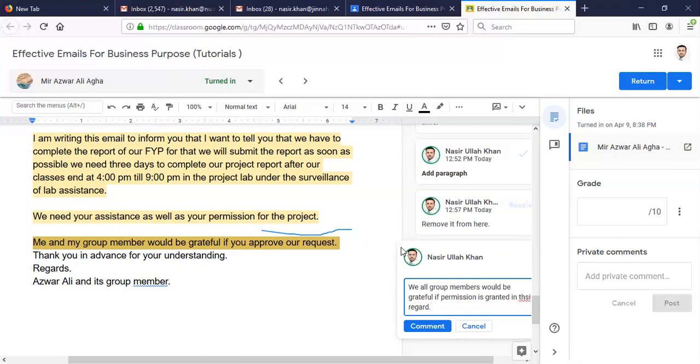This is what you could have written, rather than writing whatever you have written there.